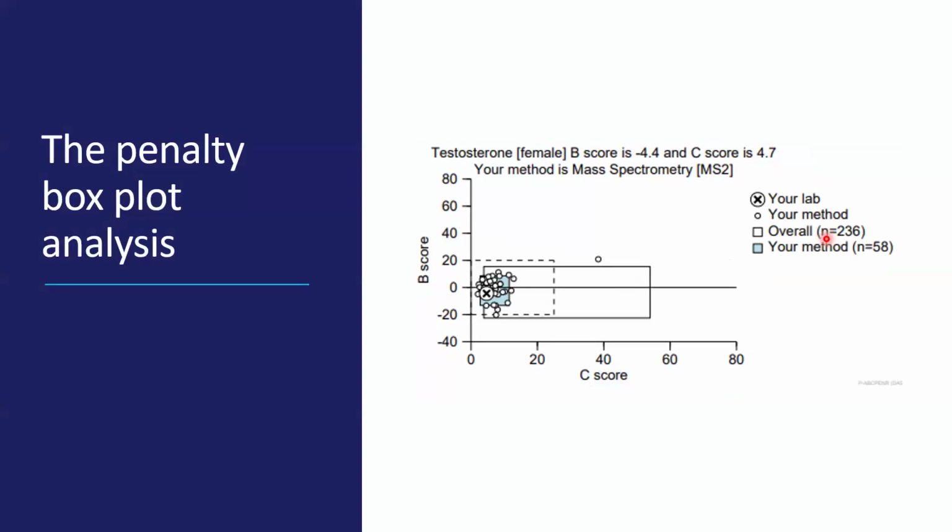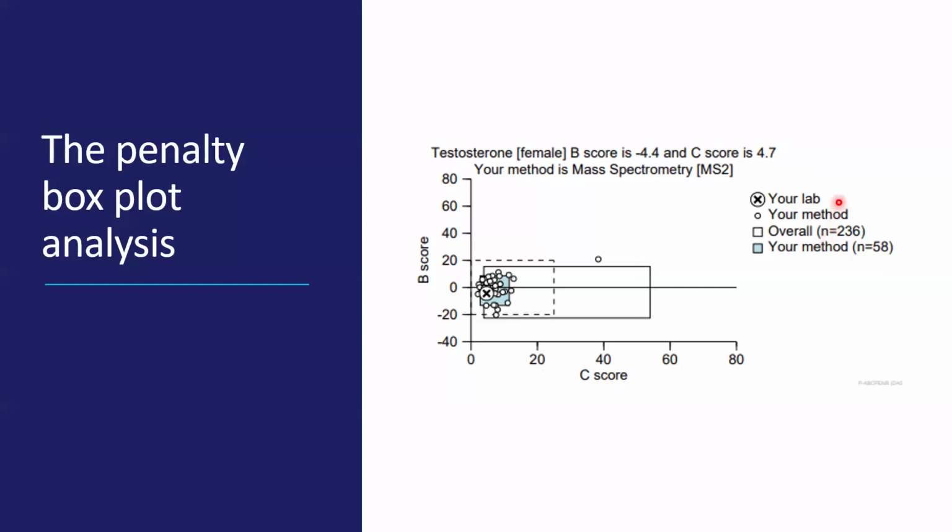The next one is the penalty box plot analysis, and I think it's also relevant to know because it gives us a sense of where our method stands compared to other users of the same method and other users of different methods.